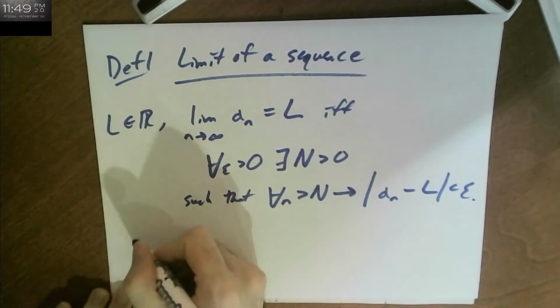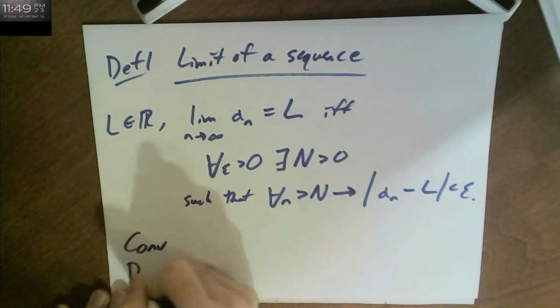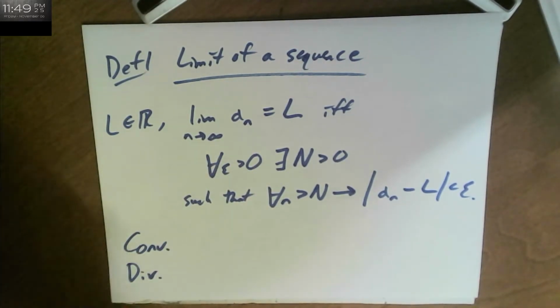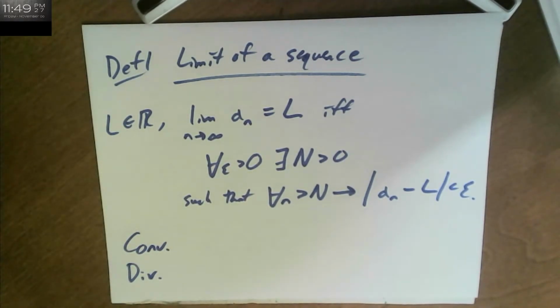And we get, therefore, convergence and divergence in the same way as before. When such an L exists, when this definition is satisfied, we say, yep, sounds good. That limit converges. And when there is no such limit, we say that that sequence diverges, right?